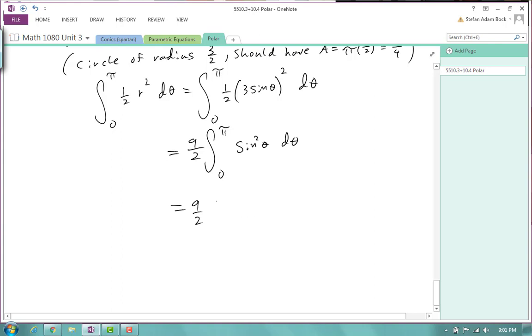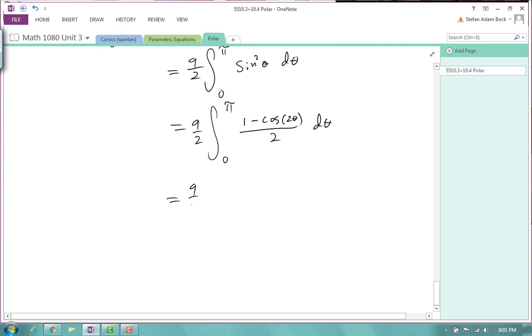This is 9/2 times the integral from 0 to pi of 1 minus cosine of 2 theta, divided by 2, which is equal to 9/4 times the integral from 0 to pi of 1 minus cosine of 2 theta d theta, and I can do that antiderivative.